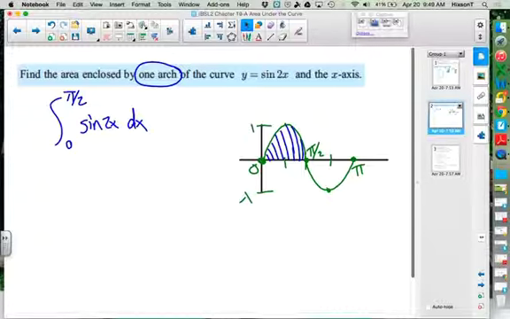If you don't remember your rule for sine, go back and look it up in your notes.